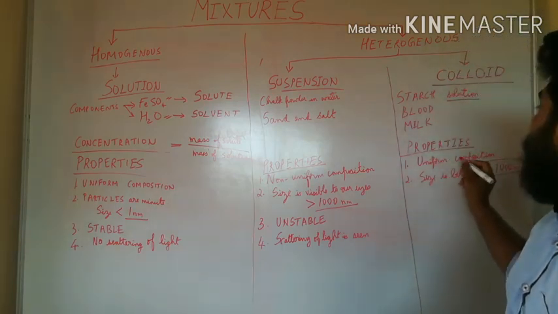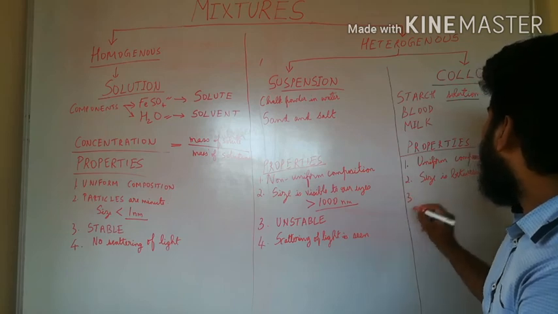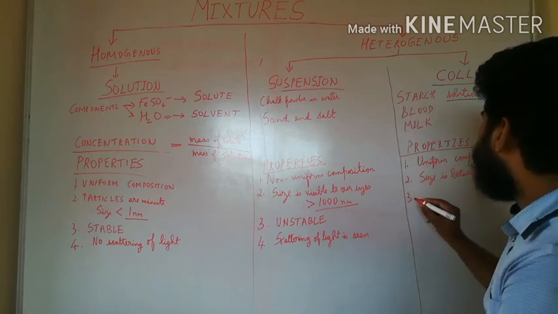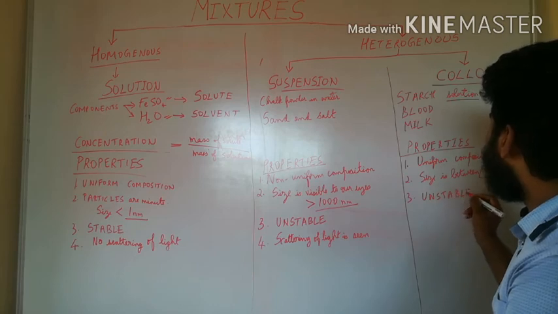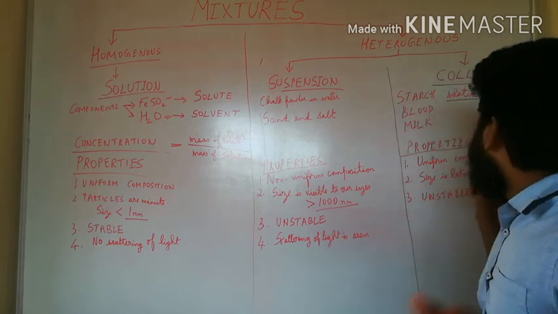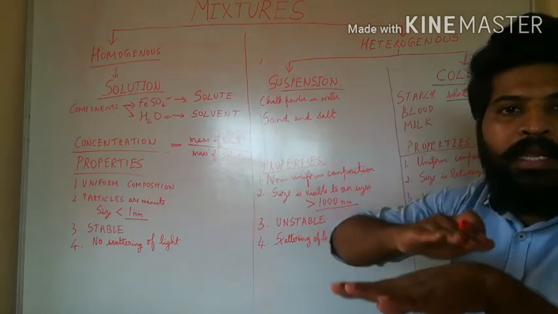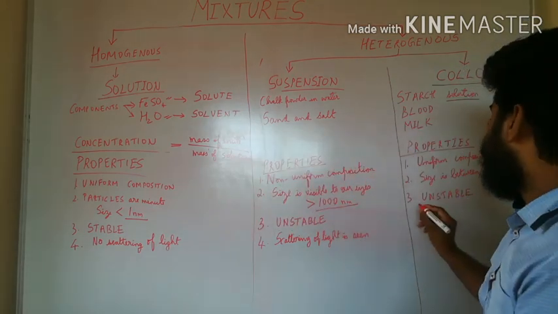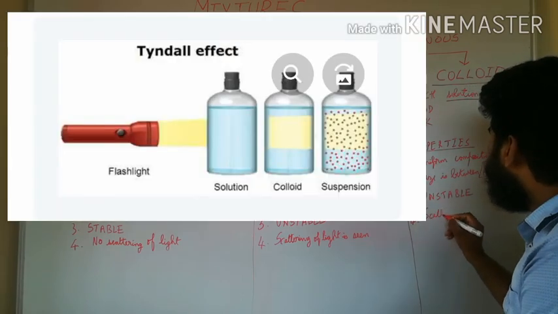Because of that, it appears to have a uniform composition. Because the size is big, it is unstable. If you set the starch solution aside, milk aside, they form distinct layers and scattering of light is shown.